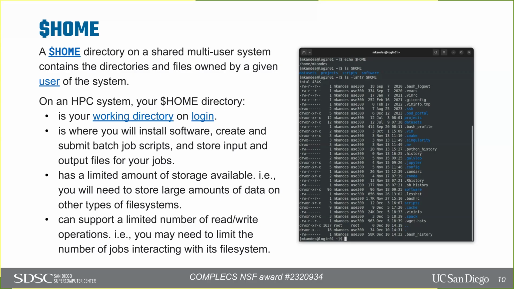Usually, if there's any file system that's going to have some sense of a backup of the data stored on that system, it'll be your home directory, right? So as operators of HPC systems, we're assuming your most critical files are going to be stored in your home directory. It's the general assumption, right? Different systems might tell you to put certain things in different spaces, but this is really the general use for your home directory.